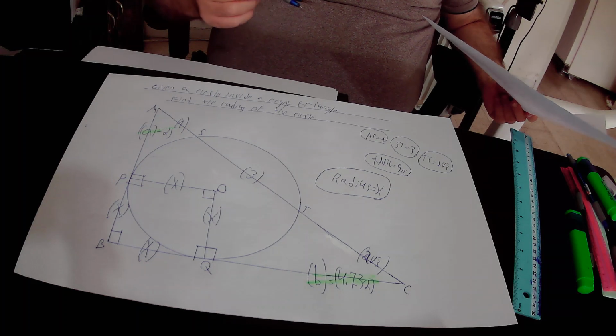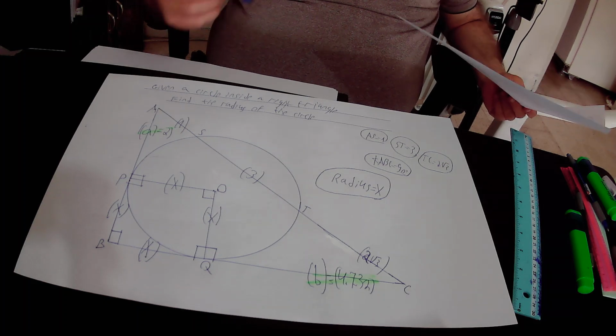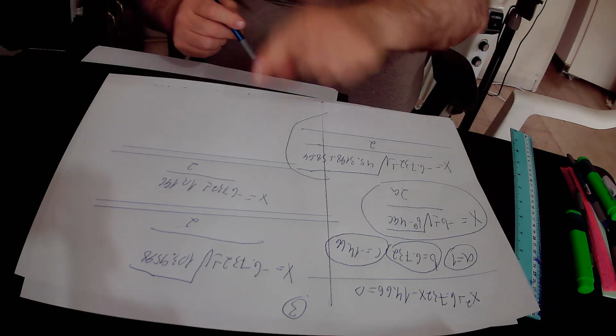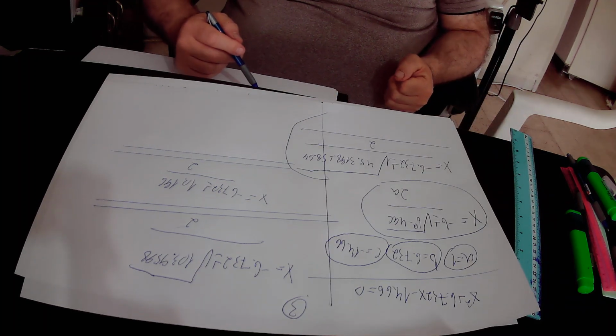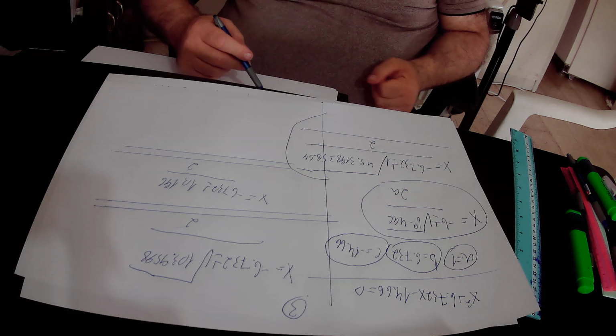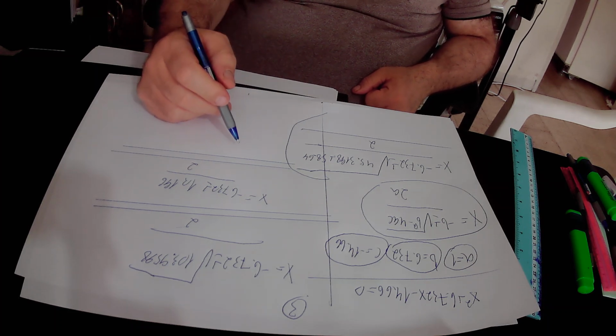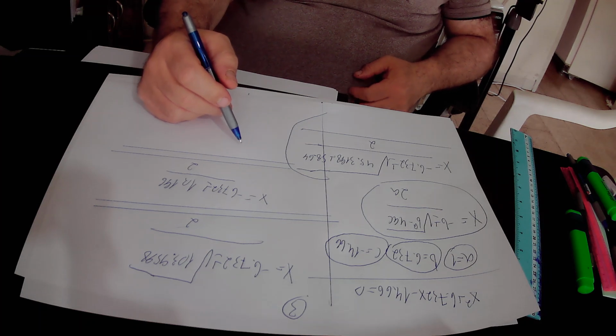X is a radius, a length, and the length must be a positive number. Therefore, the negative solution for x is incorrect, and only the positive solution for x is correct.